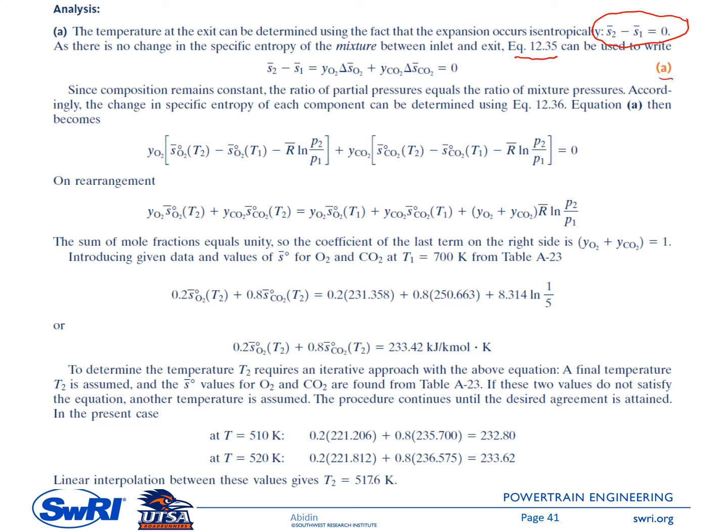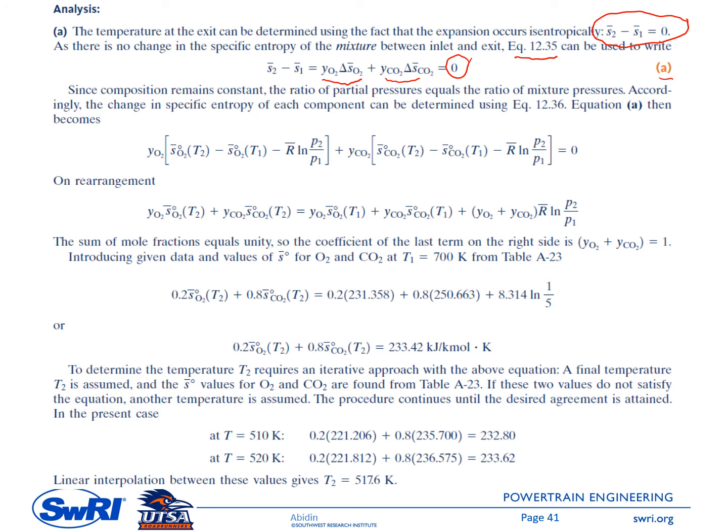So S2 minus S1 equals the delta S of O2 times the mole fraction of O2, plus the delta S of CO2 times the mole fraction of CO2, equal to 0, because S2 minus S1 equals 0.